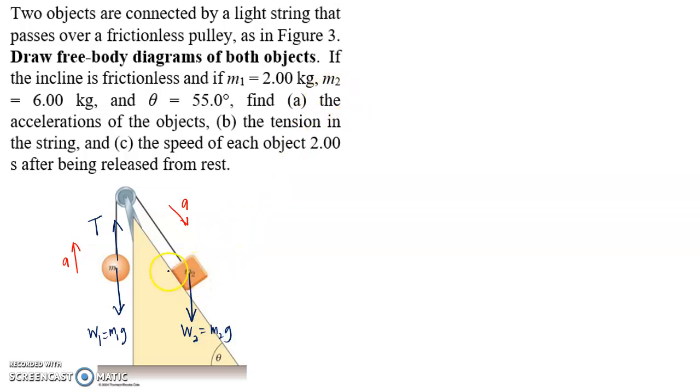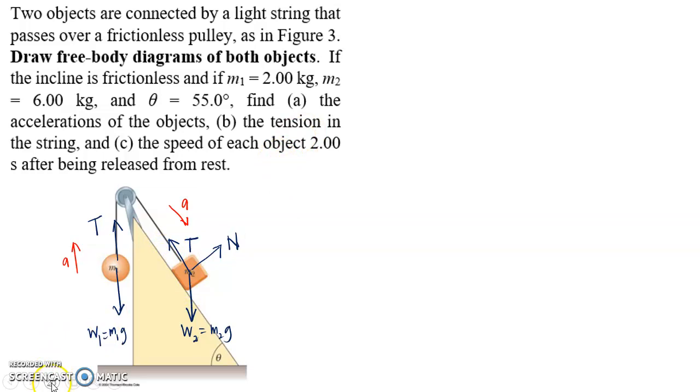And then, because it rests on this inclined surface, it will also have a normal force, which is 90 degrees or perpendicular to the plane of the surface. And last but not least, it will also experience another force, which is going to be tension, which again is directed away from the mass.